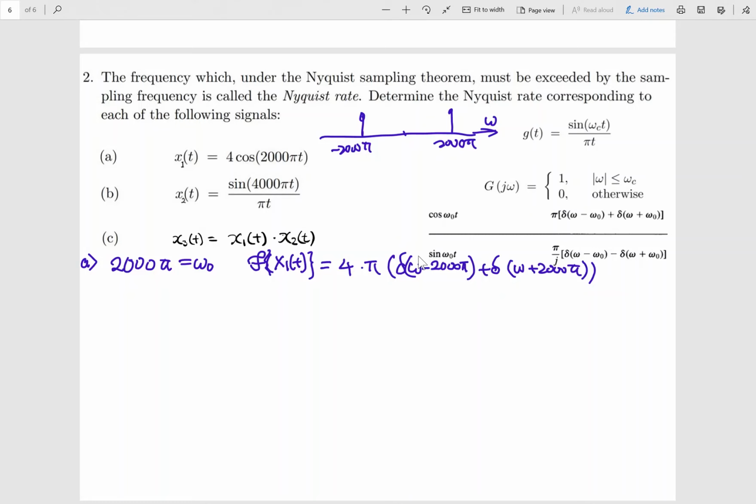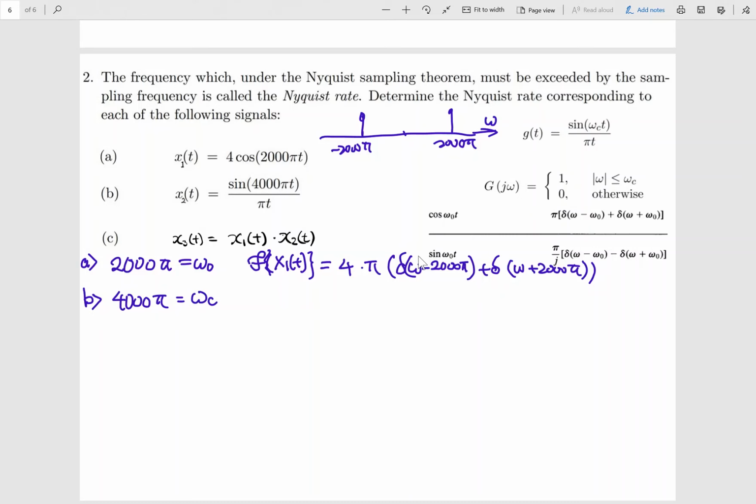And for B, we compare this signal with this signal, and the only thing we need to find is this omega c, the cutoff frequency. By comparing them, I see omega c is 4,000 pi.